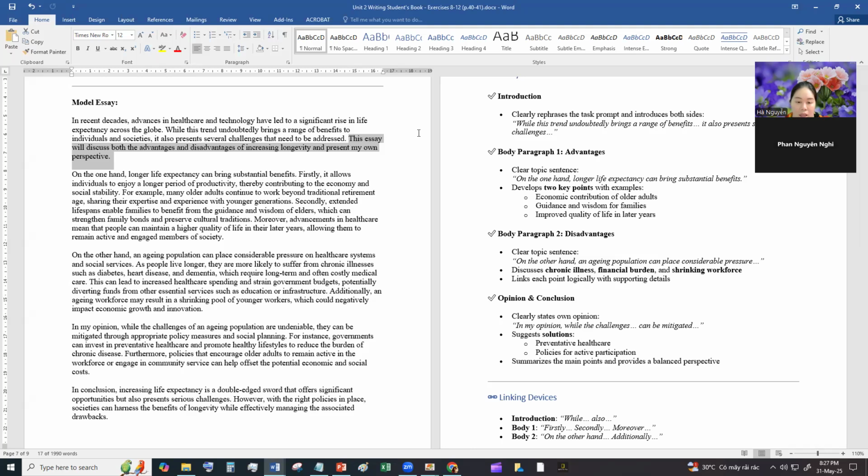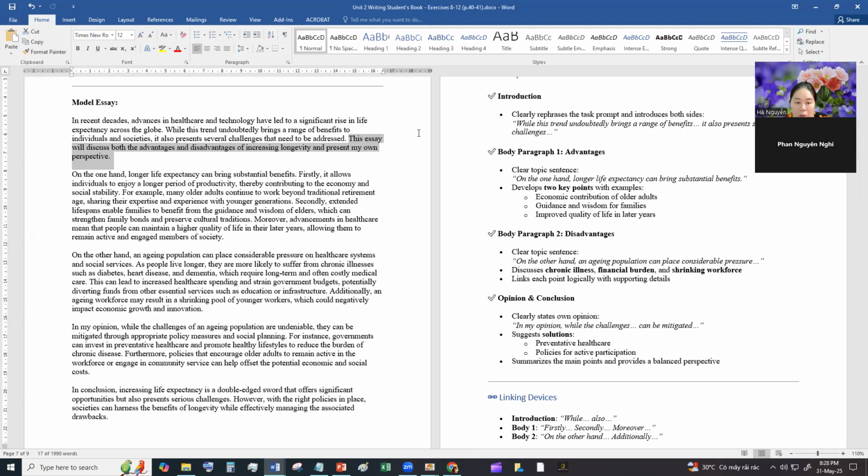The writer's opinion in this essay is that the writer thinks that while there are some challenges, they can be mitigated with policy measures. Yeah. They can be mitigated, they can be solved.